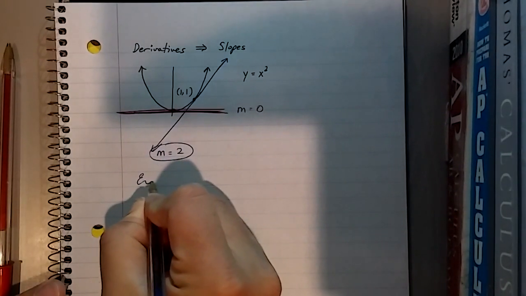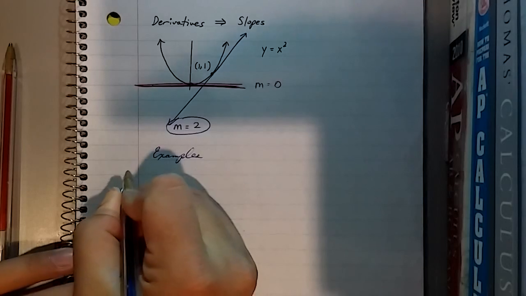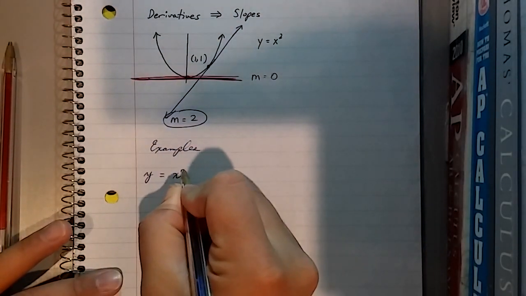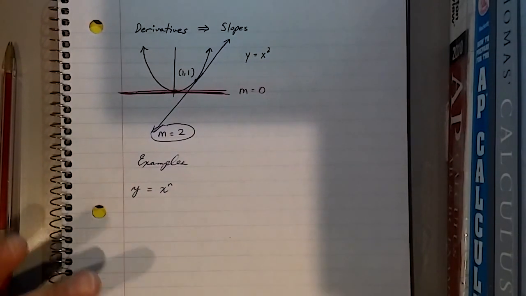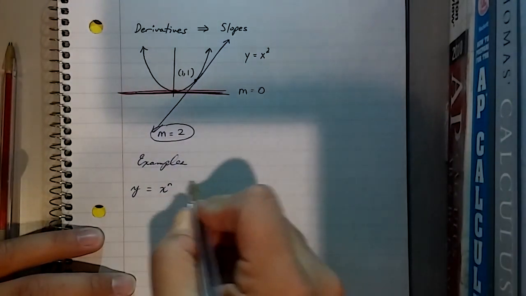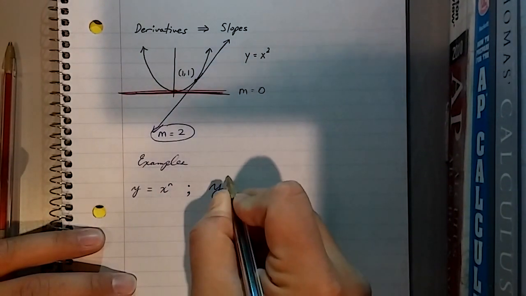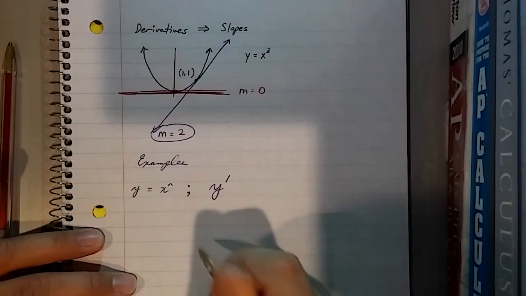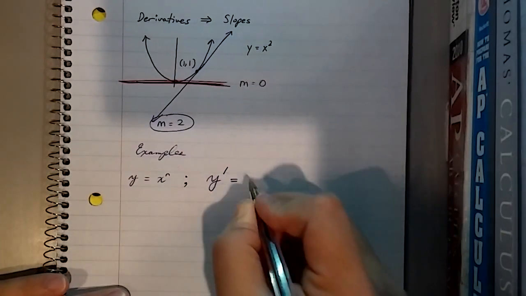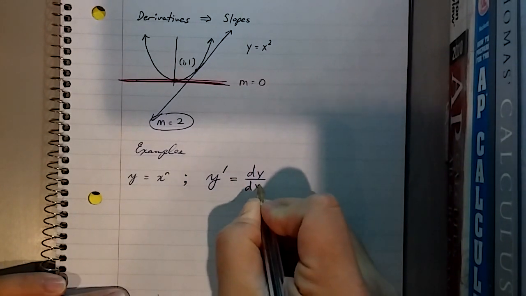So for the examples, y equals x to the n, x being some variable, n being any number you want, then the derivative, we call the derivative y prime, which is also equivalent to dy over dx.